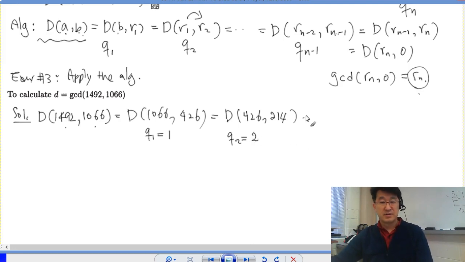Okay. 214, 212. Is that quotient 2 this time? Quotient 1. That's right.